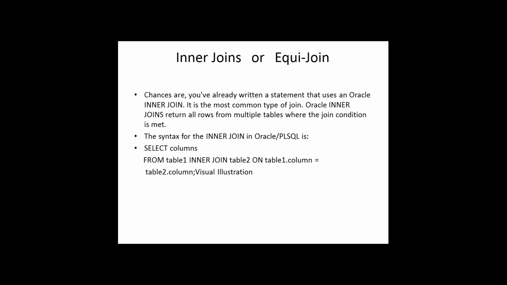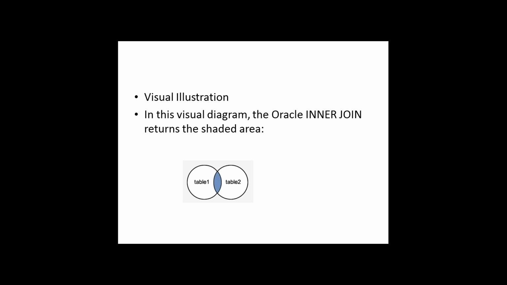Basically you have two tables and you join them using the columns, and retrieve the information. You select whatever columns you require, all columns from table 1, or two or three columns from table 1 or table 2.